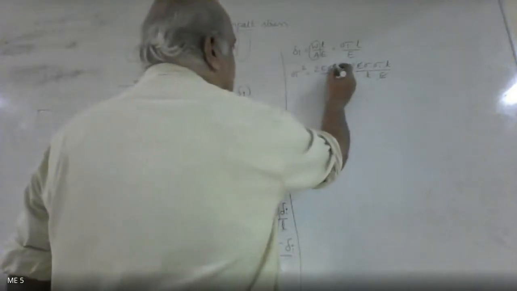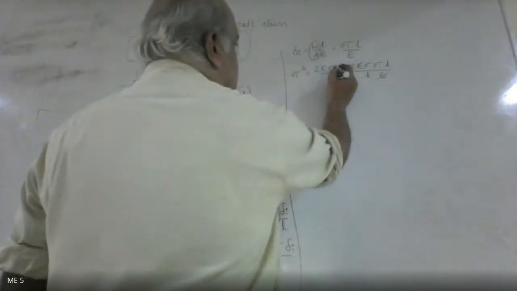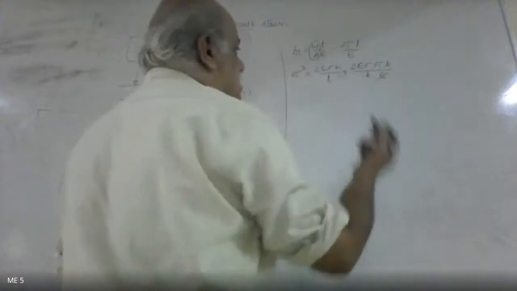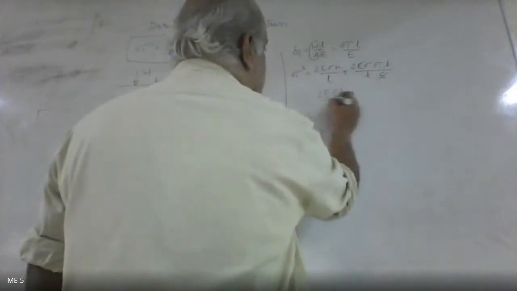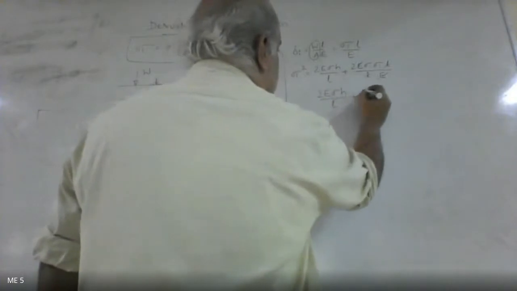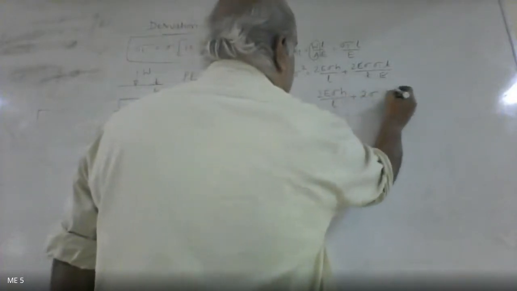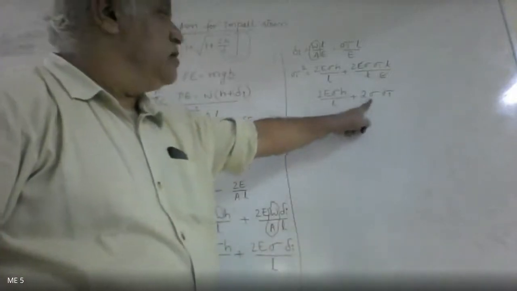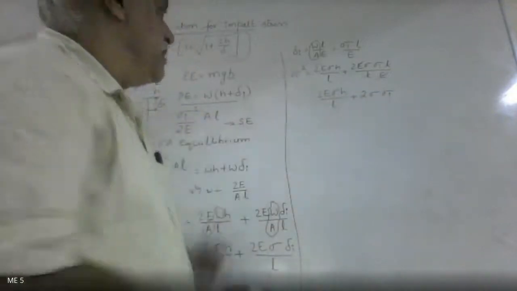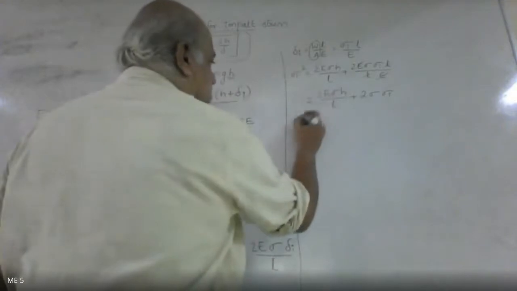Again, this sigma E by L, I replace it by delta. That of course I will do it later anyway. 2E sigma H by L plus 2 sigma I. Now what I am going to do is I take 2 sigma I to the left hand side. So what will happen?